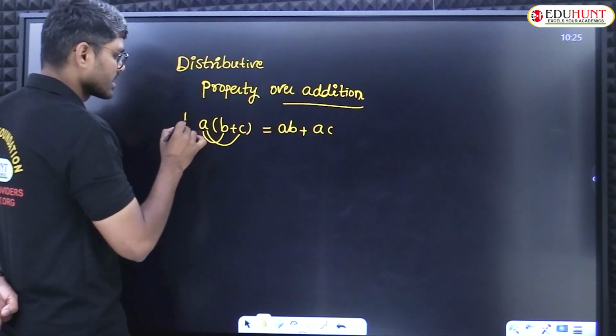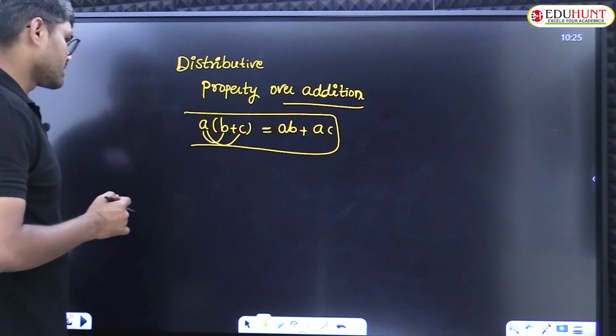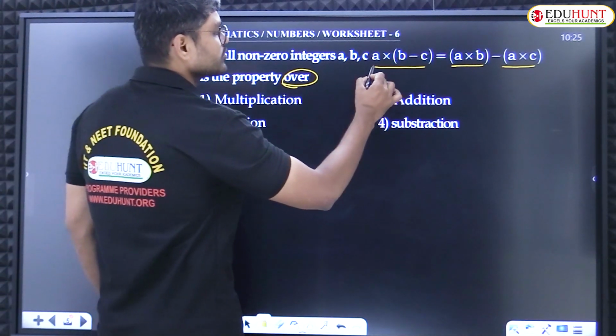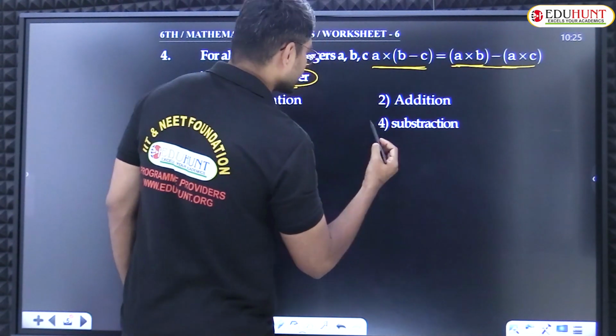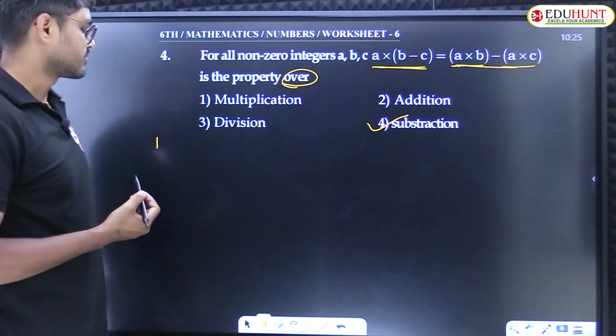This is distributive property over addition. Here in this question it is given distributive property over subtraction. So option 4 is the correct answer for this question.